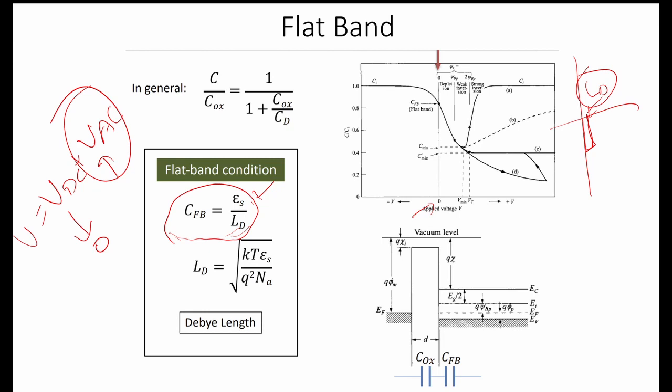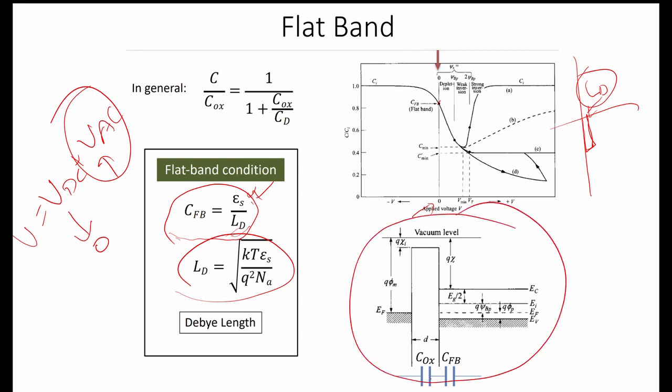Epsilon s is the permittivity of the semiconductor, and from this permittivity we can calculate, since there is a flat band at 0, or inversely we can calculate many things. From here we can calculate the Debye length and all these things. So this is the thing that I wanted to tell you.